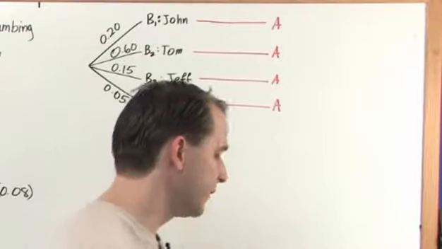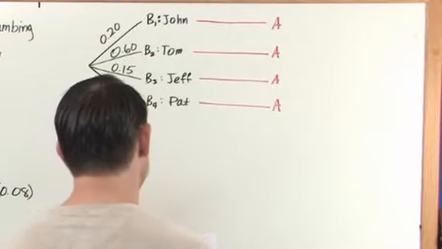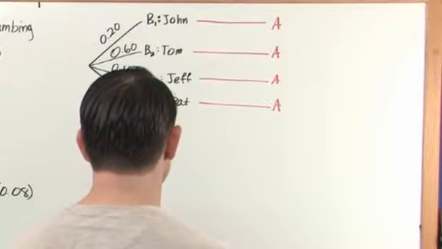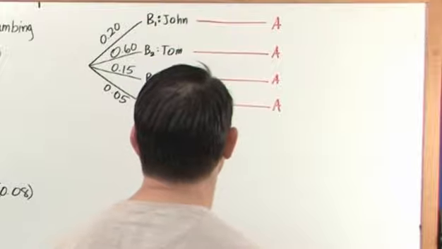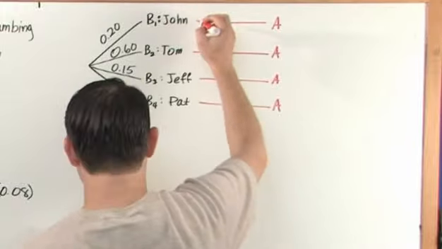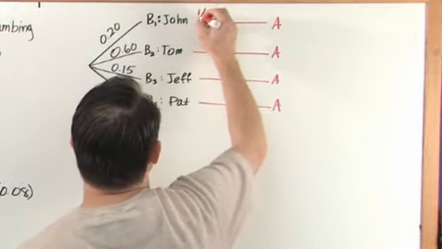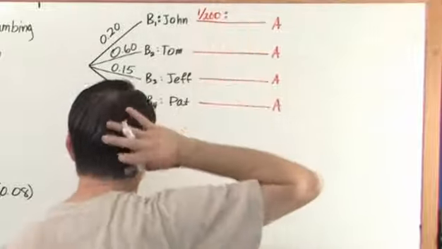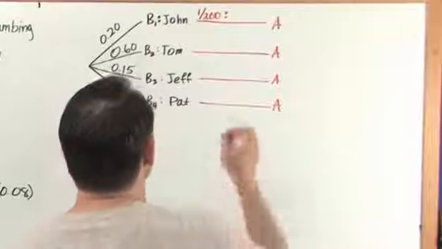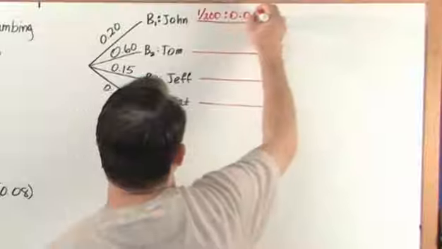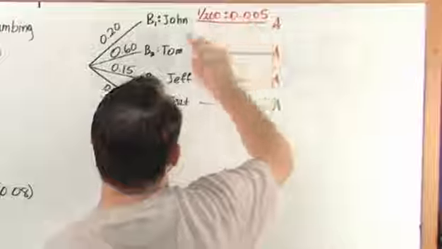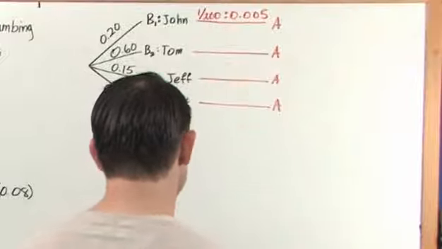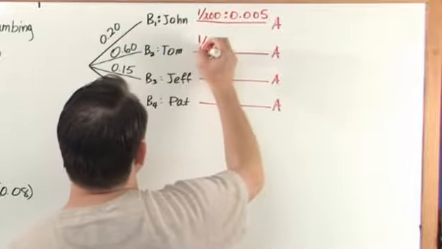It's given as follows. It says that John delivers 20%, but loses 1 out of 200 packages. That is a probability. That's the probability he loses the package, 1 out of every 200. And that comes out to 0.005. That's the number you're going to use, 0.005 in your calculations. Okay? It says Tom loses 1 in 100.